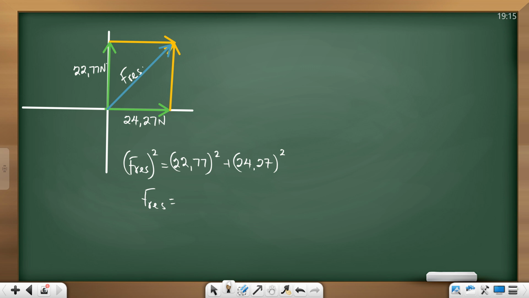Rosemary, your answer cannot be 1107,51. Rose, fix it. 33,28. You need to find the square root.